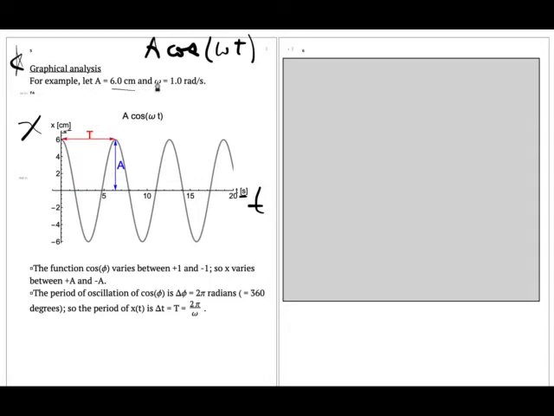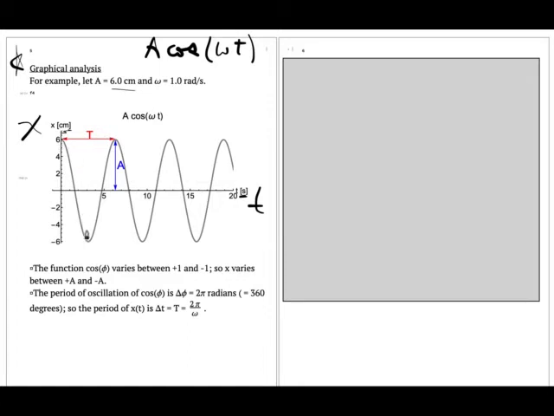And let's say it has an angular frequency of 1, 1 radian per second. And now let's make a plot using those two parameter values. Those are constants. T is the variable. So let's plot this as a function of t.